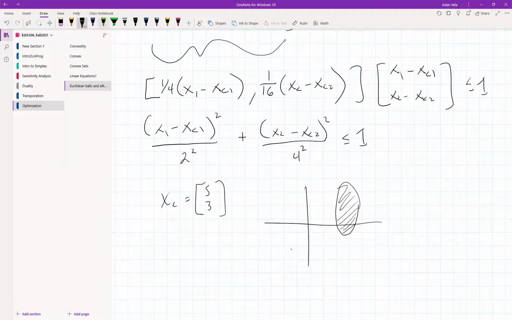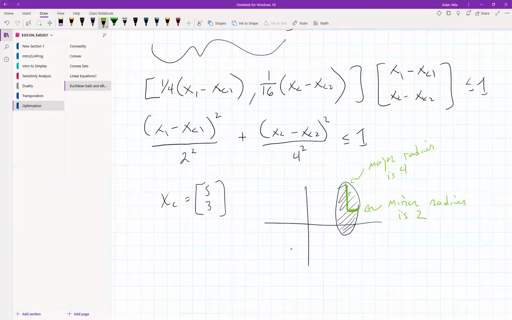So if we're going to divide this up into the minor and major radius, here the minor radius is 2, and the major radius is 4.